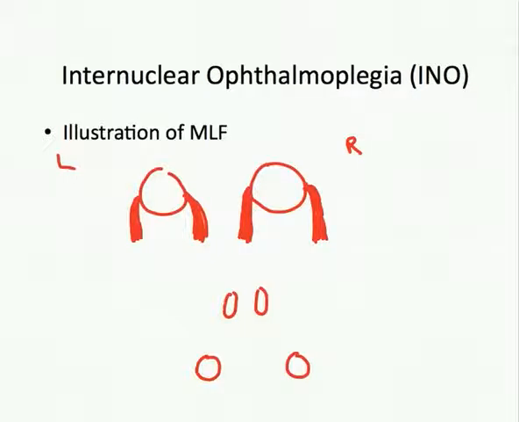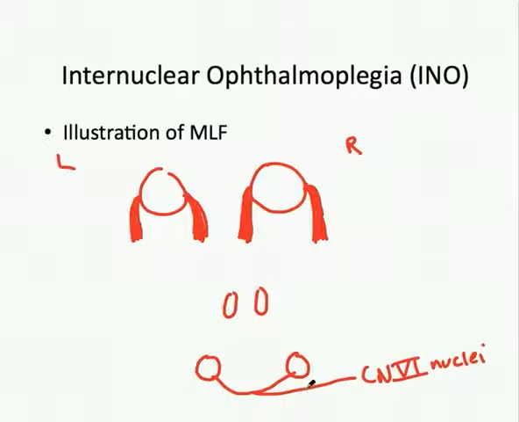So now I'll do an illustration to show how the medial longitudinal fasciculi work. Down here you have the nuclei of cranial nerve 6, or the lateral abducens nuclei. So this is the left lateral abducens nuclei, and this one's the right. I'll just call that CN6 nuclei.